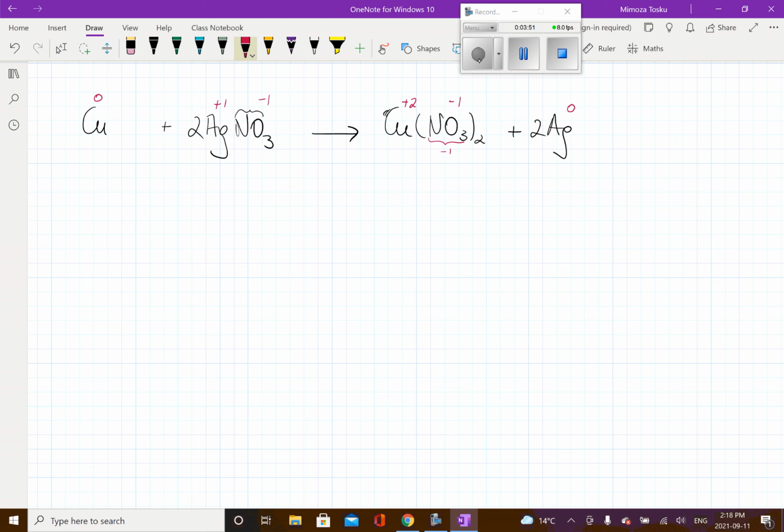Let's now observe what is happening with the elements that are changing the oxidation number.